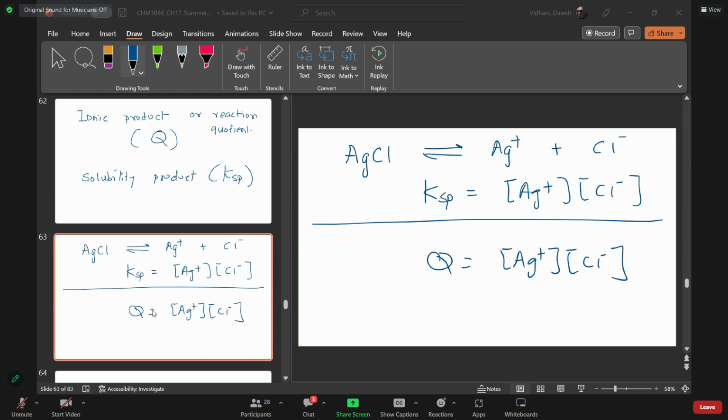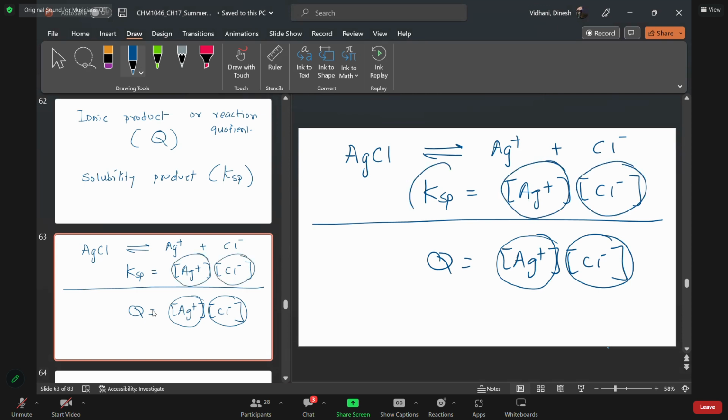So now Q can be expressed in a similar form, the way I have written, right? So higher the Q, higher is the concentration of silver ions and the chloride ions. Exactly in the same way, higher the value of silver ions and the chloride ions will be the higher the KSP, right?